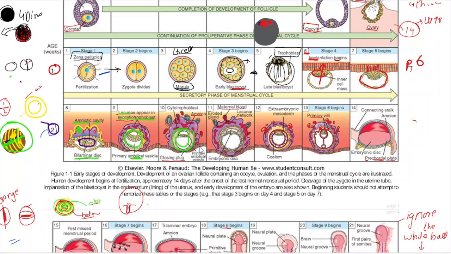That space is called the extra embryonic coelom. Actually, between the trophoblast layers a space is created, and that space is called the extra embryonic coelom. Now don't go completely into this. After that, this is actually the embryonic disc, that is the bilaminar disc.